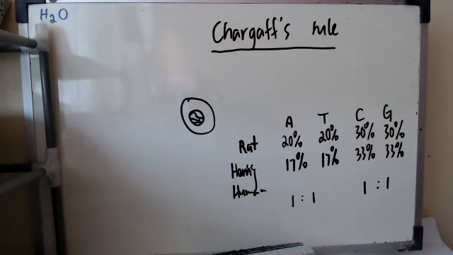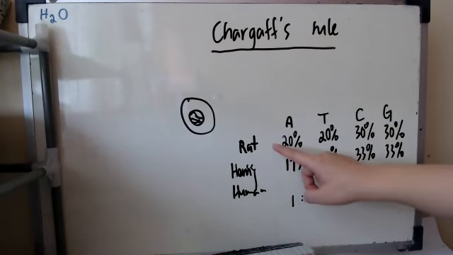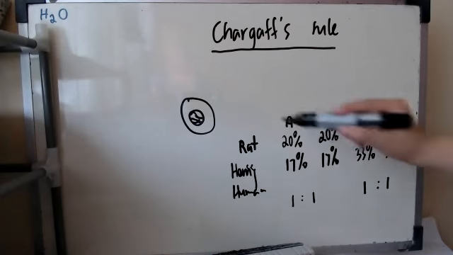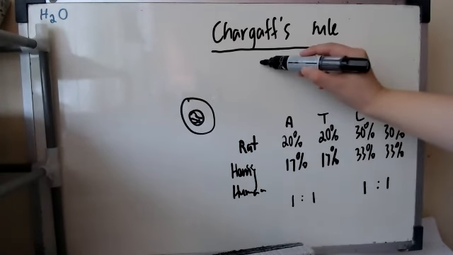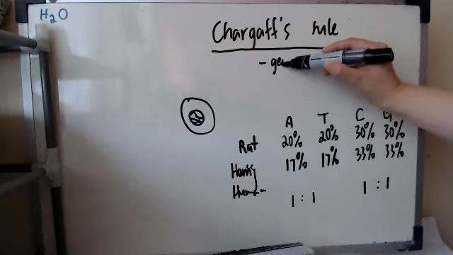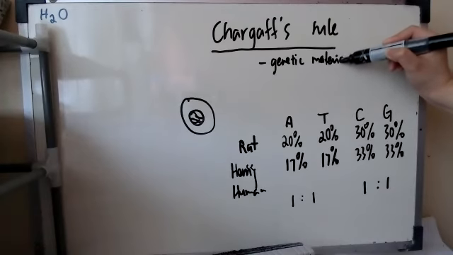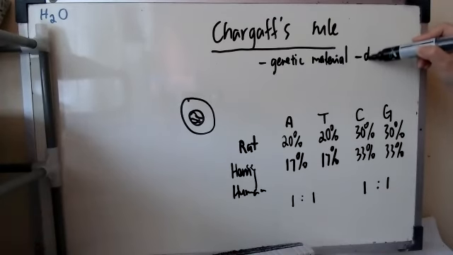So he mentioned that a lot of organisms will have a ratio of 1:1 for A to T and a ratio of 1:1 for G and C, when the organism has genetic material that is double-stranded.